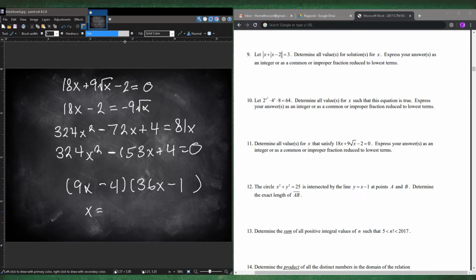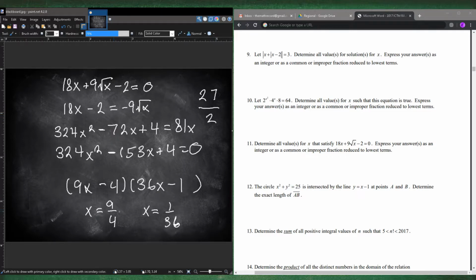So that means x is equal to 9 over 4, or x is equal to 1 over 36. So we gotta always check for extraneous. So if you put 9 over 4 into our equation right here, that is 3 over 2. So 9 times 3 over 2 is 27 over 2.